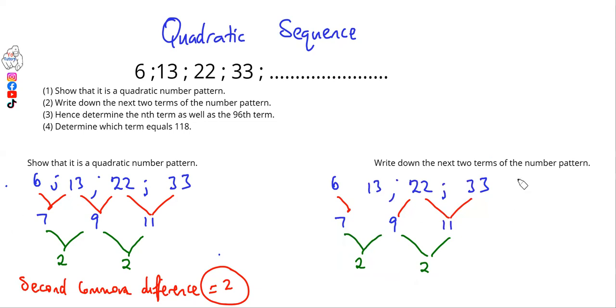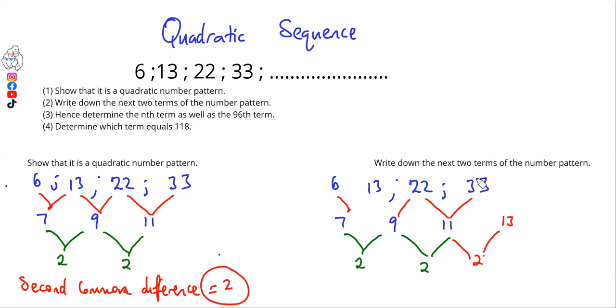What we know here is that we've got 11, and the second difference is 2. So if we say 11 plus 2, the next difference is going to be 13. If that difference is 13, we also say 33 plus 13, so that we can get the term.